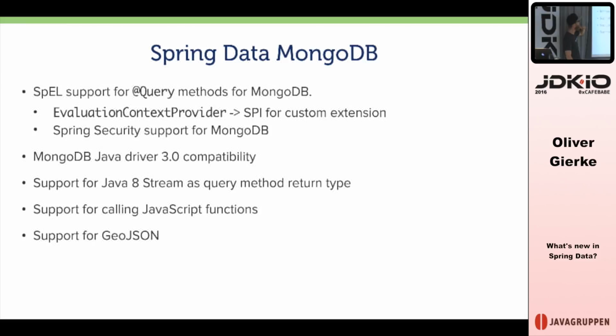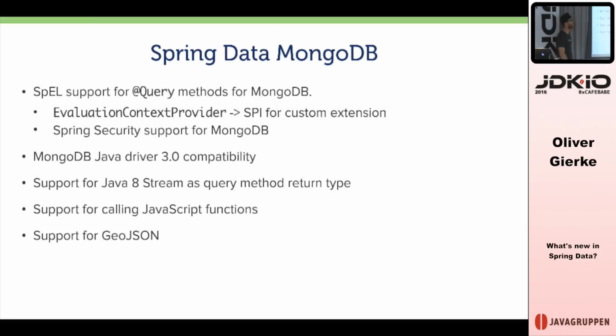We've shipped that to MongoDB. I mentioned that here explicitly. Usually I don't discuss it publicly, just because it's way too low level. But EvaluationContextProvider is a nice interface that we've seen a lot of customers actually hooking into, because you can literally extend the query language yourself by SpEL functions, right?